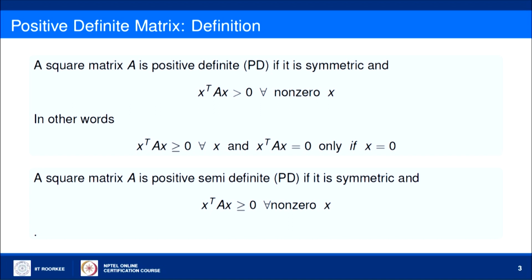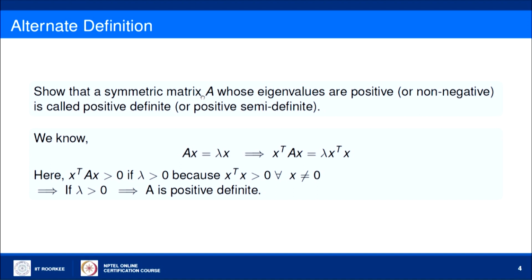The trivial example of a positive definite matrix is the identity matrix. A symmetric matrix A whose eigenvalues are positive or non-negative is called positive definite.